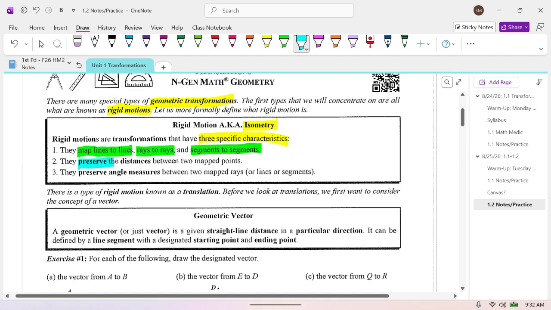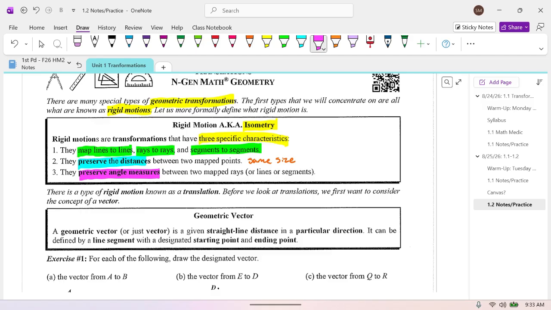They preserve the distances between two mapped points. So, in other words, they keep the same size. And they preserve the angle measures between two mapped rays or lines or segments, which is just fancy for saying same shape. So size typically deals with side lengths, shape usually deals with angle measures.